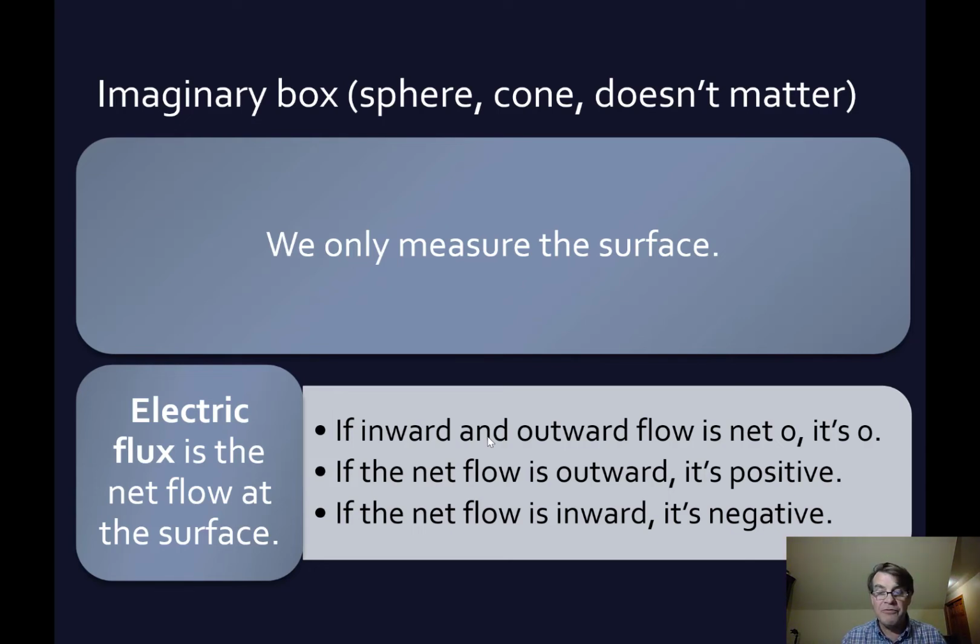If the net flow of the charge is outward from the box, we say that its flux is positive. And if the net flow of the charge is inward, inside the box, we say that the flux is negative. That's somewhat conventional, by the way it's been defined historically.